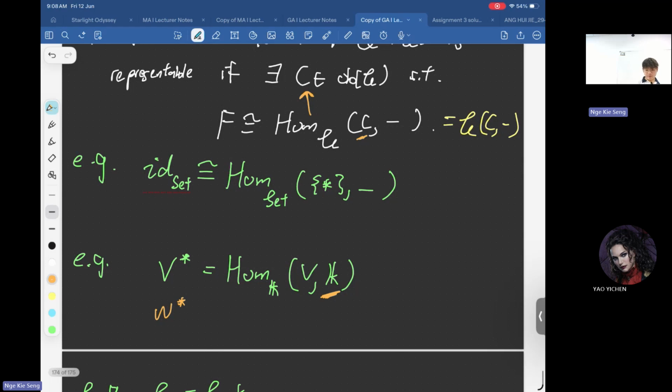So this field is the representing object for your dual functor here.